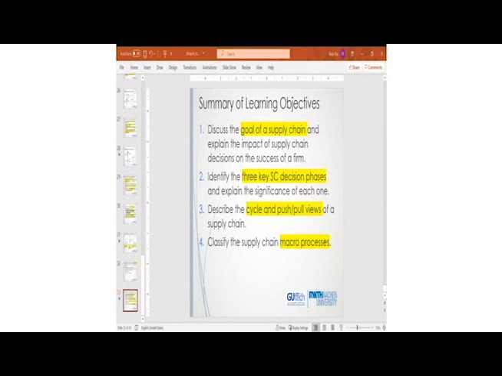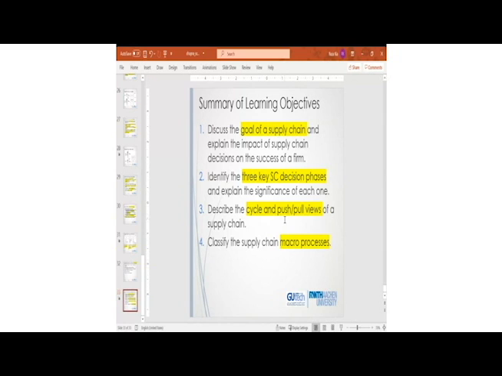And at the end of chapter 1 that we have studied, you are supposed to learn about the goals of a supply chain. Also, we have been discussing 3 decision phases, strategic, planning, and operational, of a supply chain.